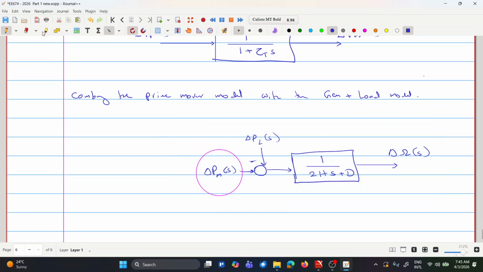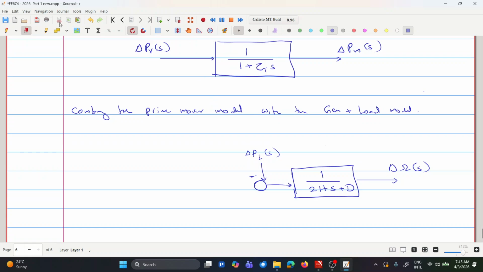The mechanical power input is now coming from the valve control, so this would be delta PMS, coming from 1 over 1 plus tau TS and delta PVS.